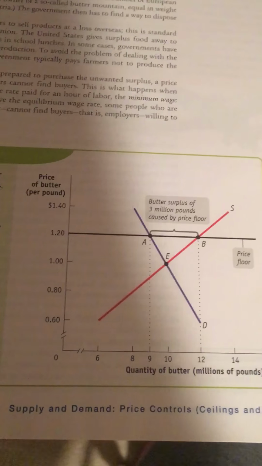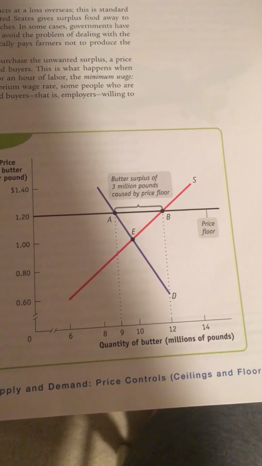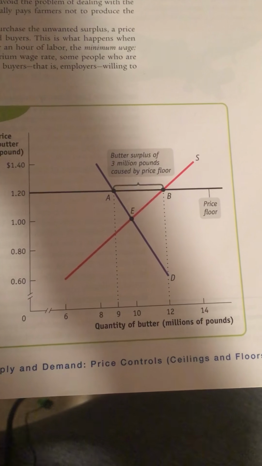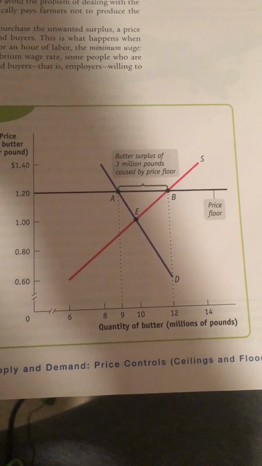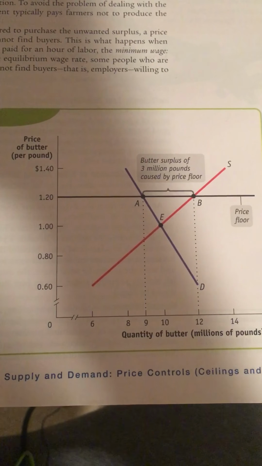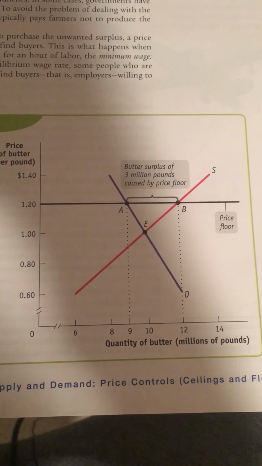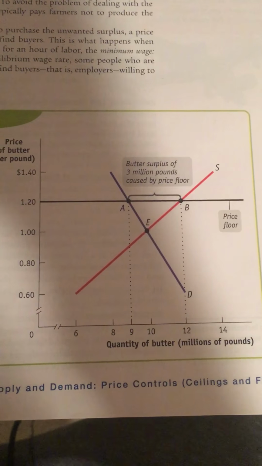It most often results in a surplus because it reduces the quantity of butter demanded and increases the butter supply, resulting in a 3 million pound butter surplus.